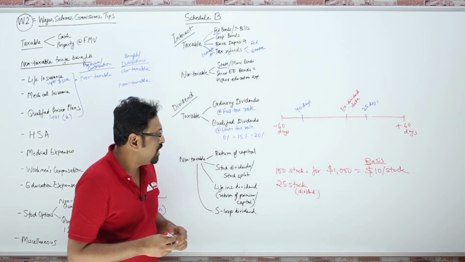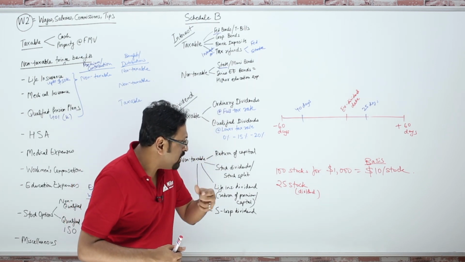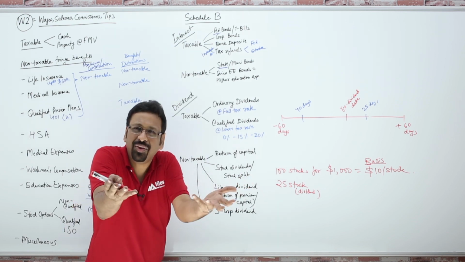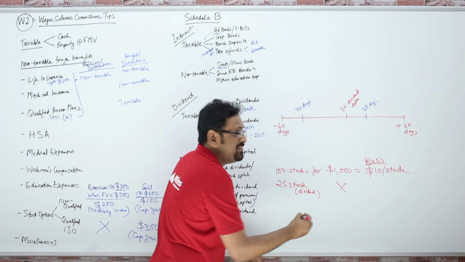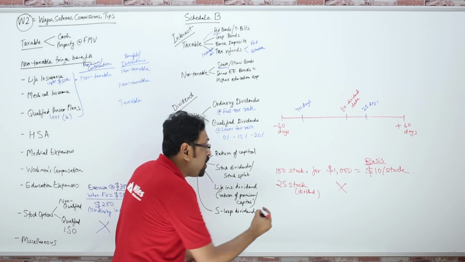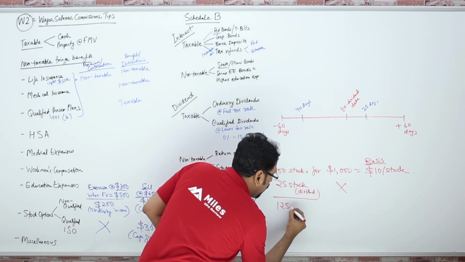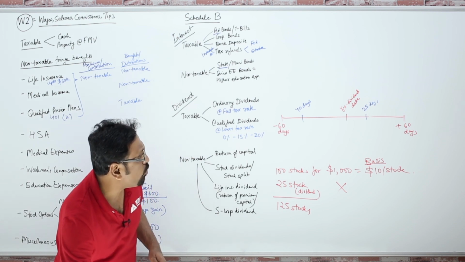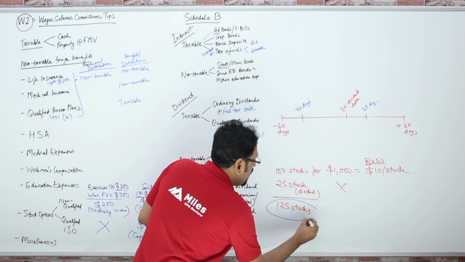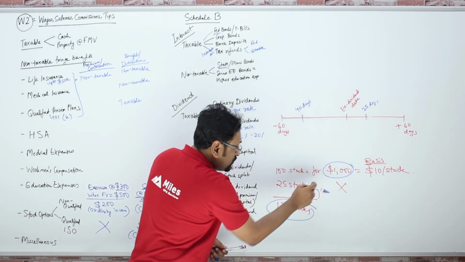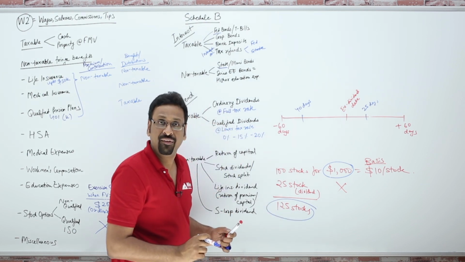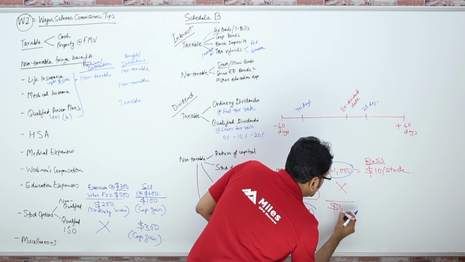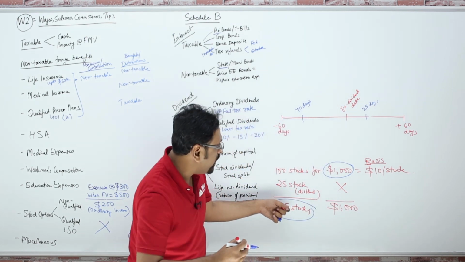My question is, how much did you pay for this extra 25 stocks? I know the answer is nothing. You paid nothing for this. So now you own a total of 125 stocks, and you've paid a total of $1,000 for this entire 125 stocks.